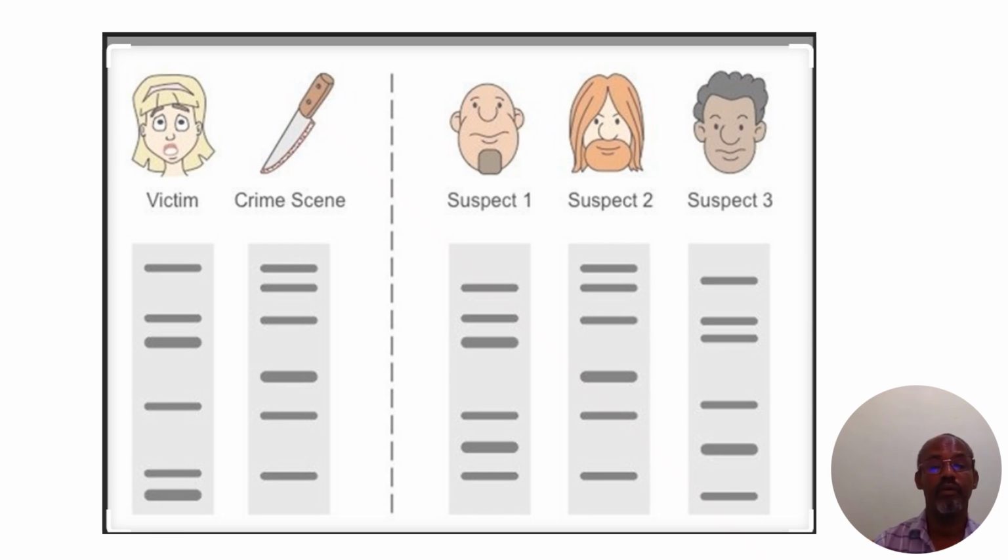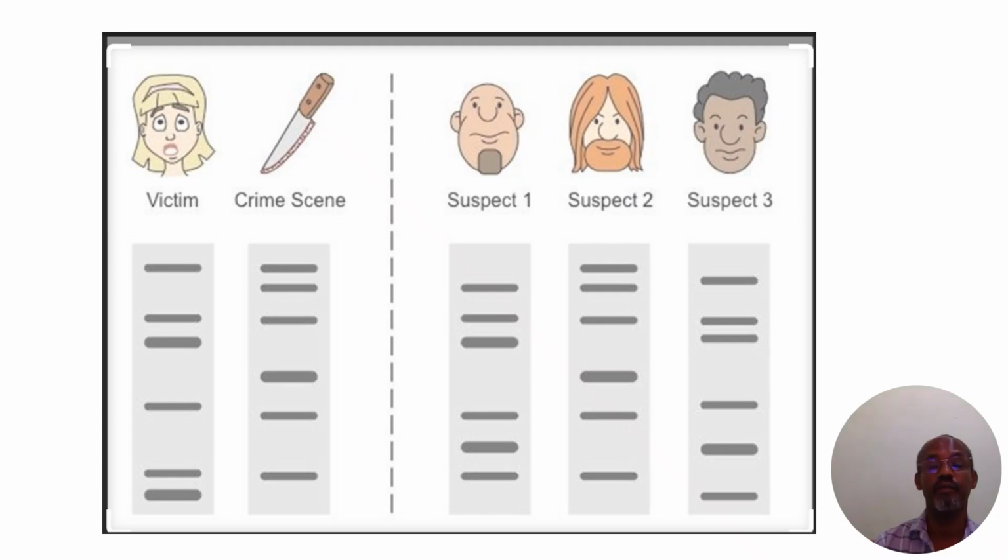Therefore, you do a profile of the crime scene, and of the victim, in case she might have killed herself. Therefore, we need also the DNA profile of the victim, DNA profile of the crime scene, and DNA profile of the suspects, who may or may not be under control.